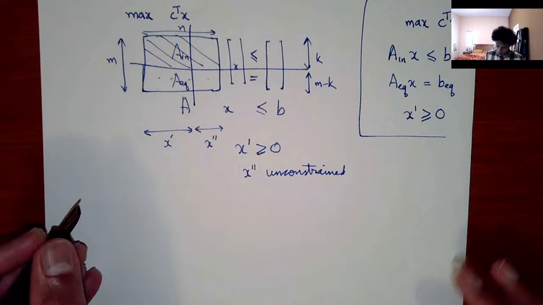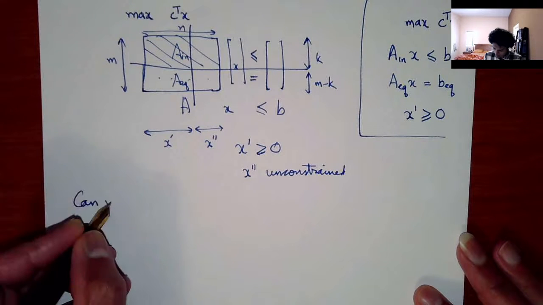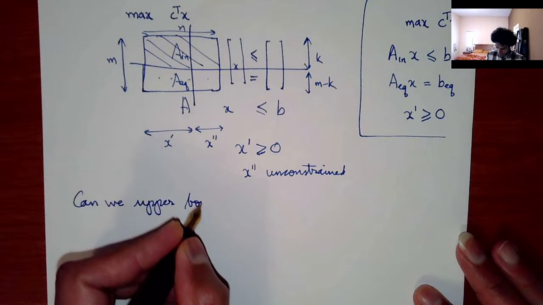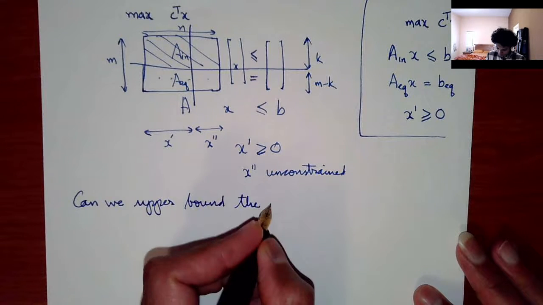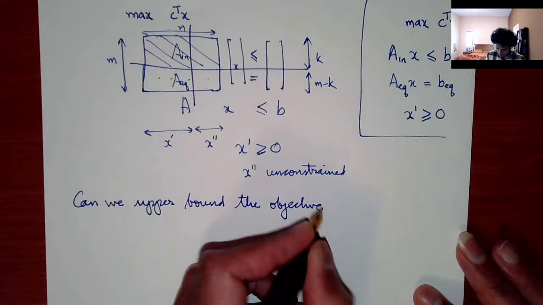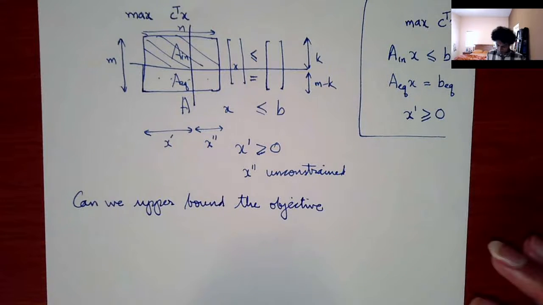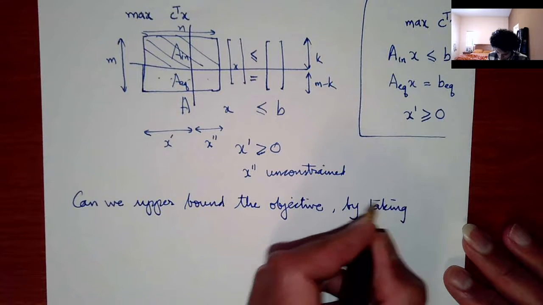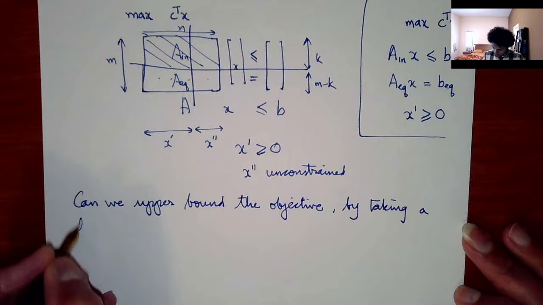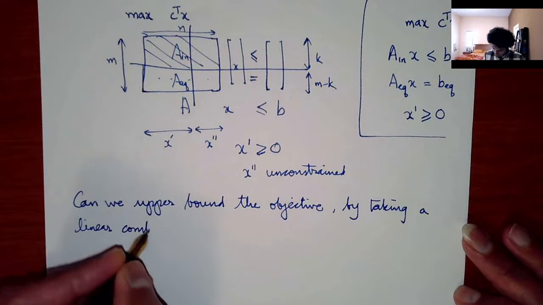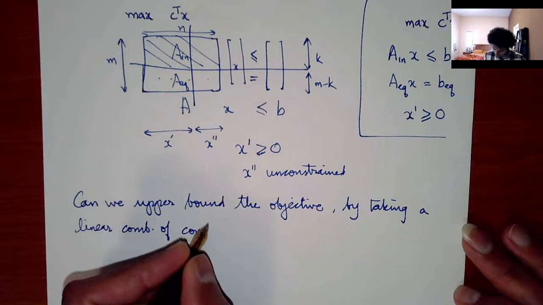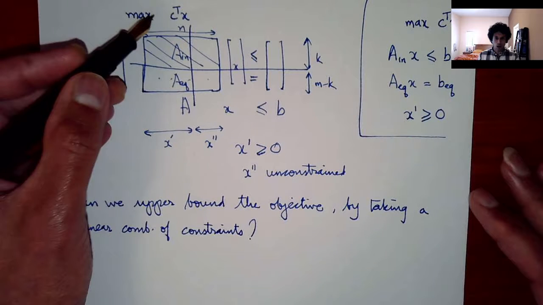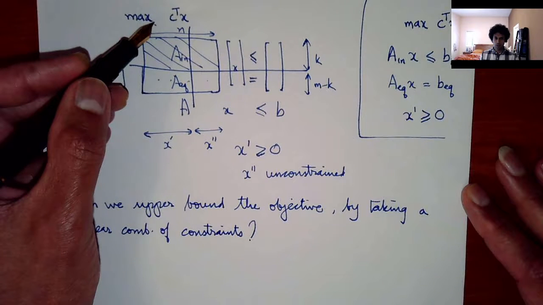The point of the dual is, can we upper bound the objective by taking a linear combination of the constraints? That's what the dual is asking. So you would like to upper bound what the objective, C transpose X, can be.